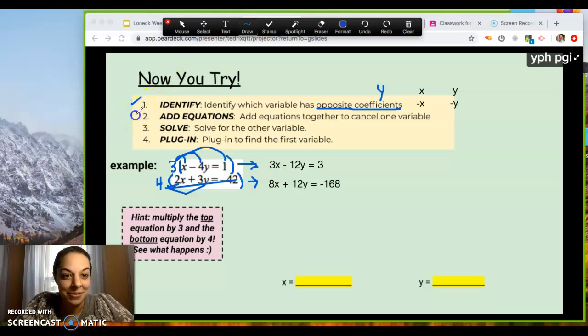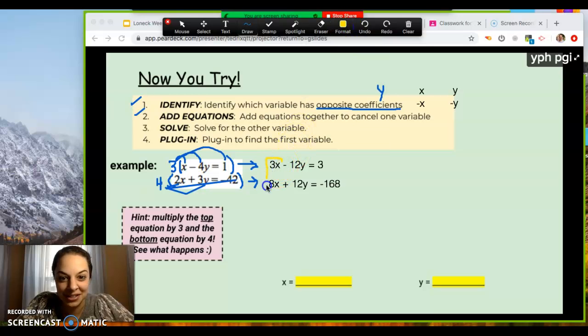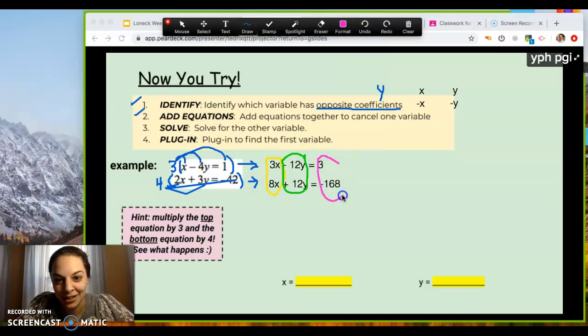So now we're going to do step 2, add the equations together. When I do that, I'm going to circle them in the same color like I did last time. The x's will combine together, the y's will combine together, and the plain numbers will combine together.